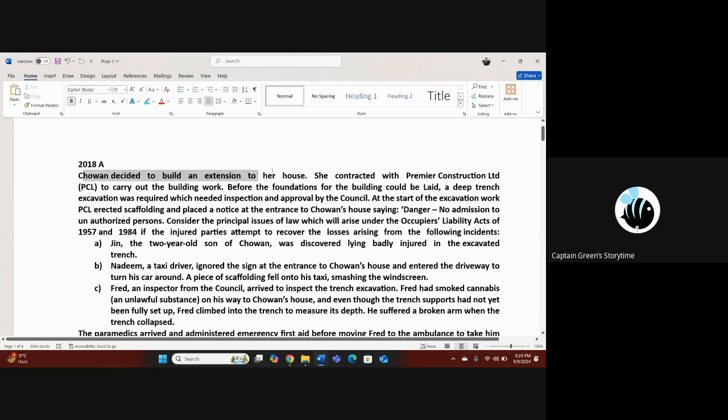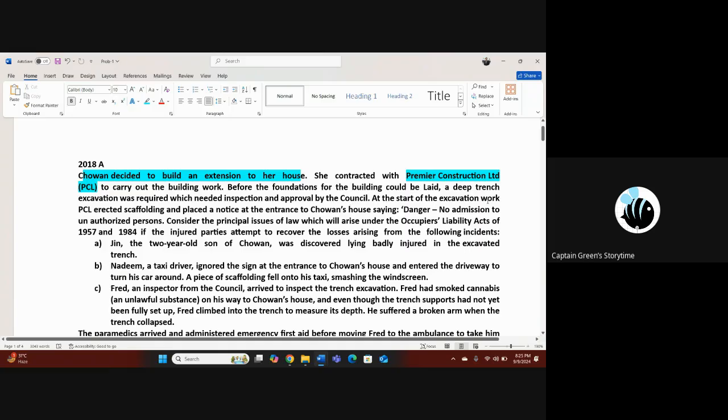She decided she wanted to build an extension to the house. She contracted with Premier Construction Limited. Who is he? Independent contractor. Keep in mind, okay? Now the first situation deals with an independent contractor. Before building the foundations for the building could be laid, a deep trench excavation was required, which needed inspection and approval by the council.